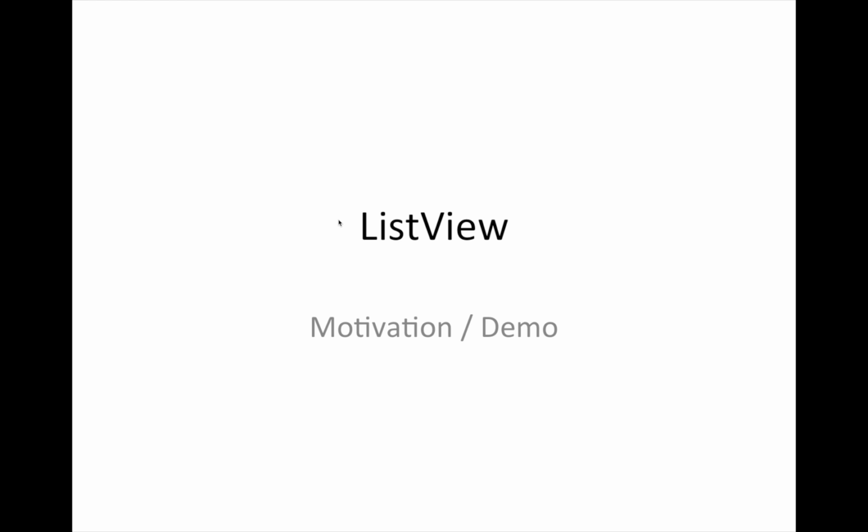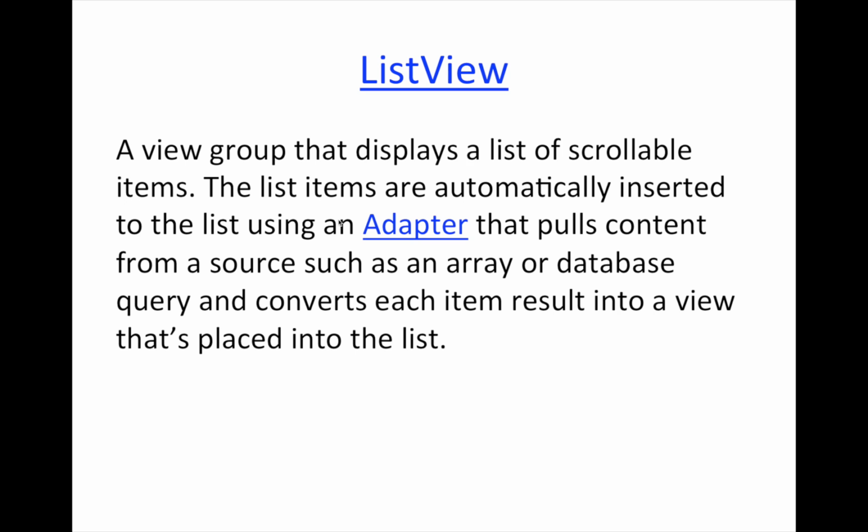The way that works is every list view, or adapter view in general, is associated with an adapter. A list view is a view group that displays a list of scrollable items. The items are automatically inserted into the list using an adapter that pulls content from a source such as an array or a database and converts each item result into a view that's based on the list. So the list view keeps track of what's happening on screen.